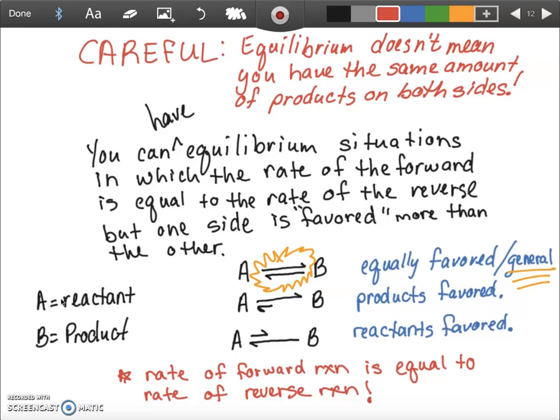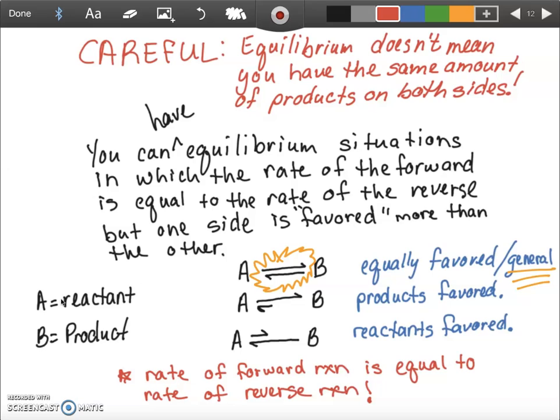Okay, there are three different types of differently sized arrows we can look at, and the first I have circled there with a yellow color, and that is when both arrows are equally sized. That could indicate that the forward and reverse reaction are both equally favored. However, this equal-sized arrow is also just a general symbol for when a reaction is at equilibrium.